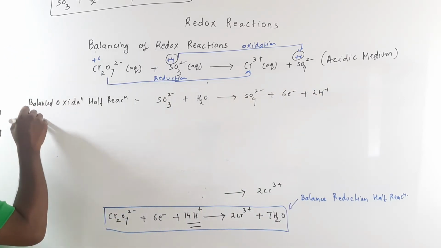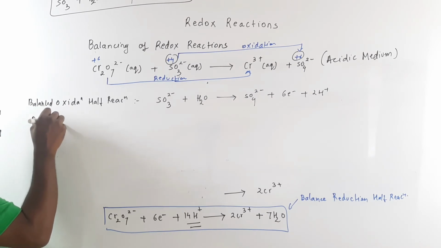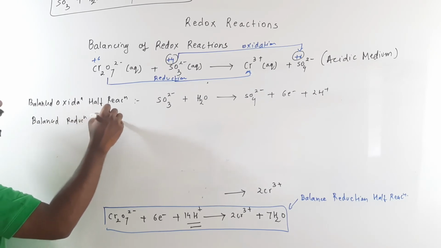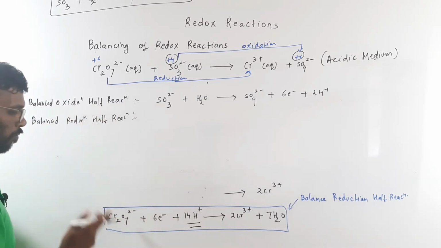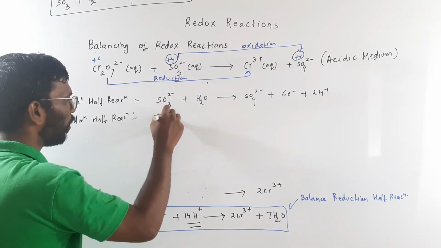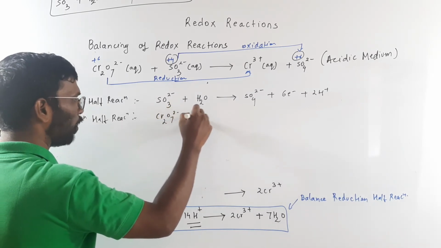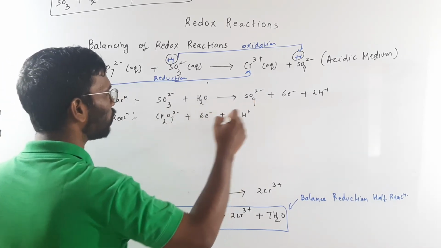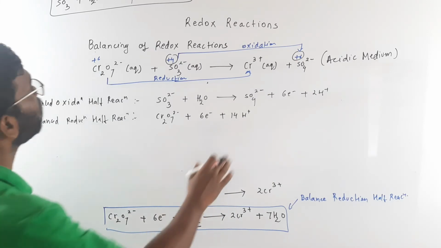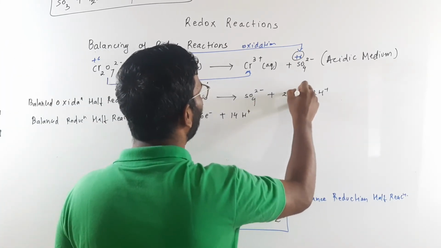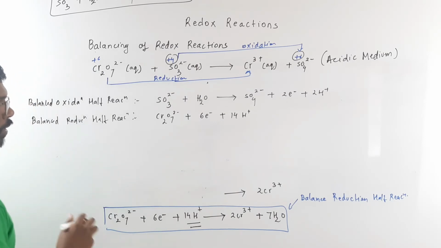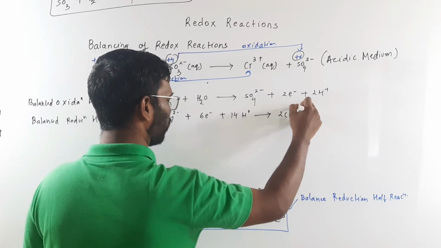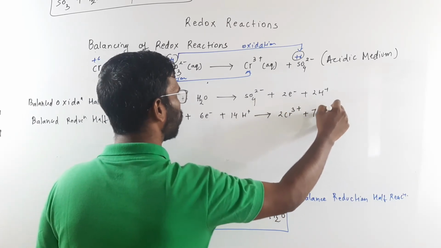What is the balanced reduction half reaction? I am getting this right. Cr2O7 2 minus plus 6 electron plus 14H plus. Sorry, here it is 2 electron. Yeah, we were getting it to be 2 electron. It is 6 electron, 14H plus, and this is 2Cr3 plus and the 7H2O.